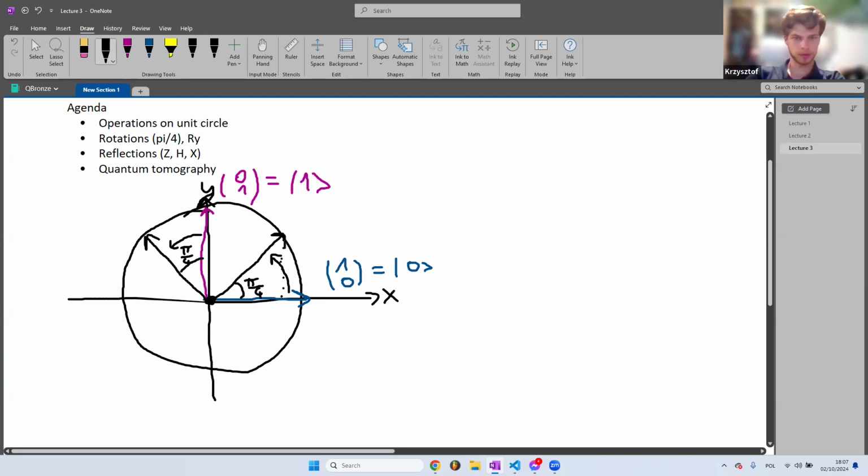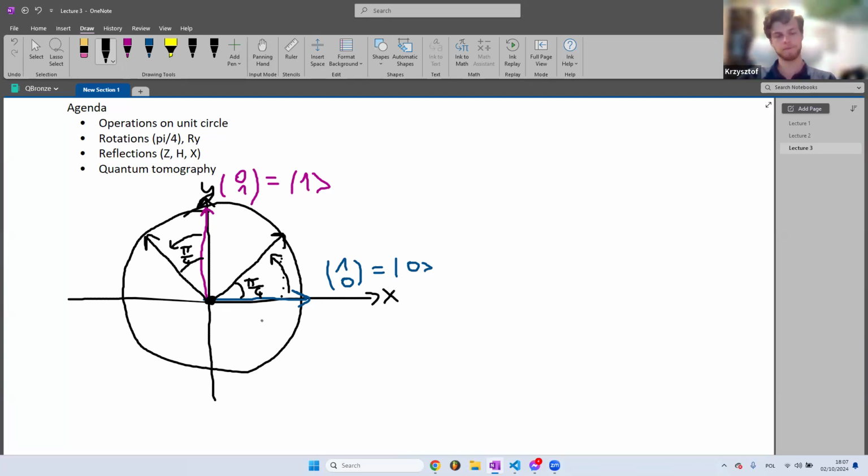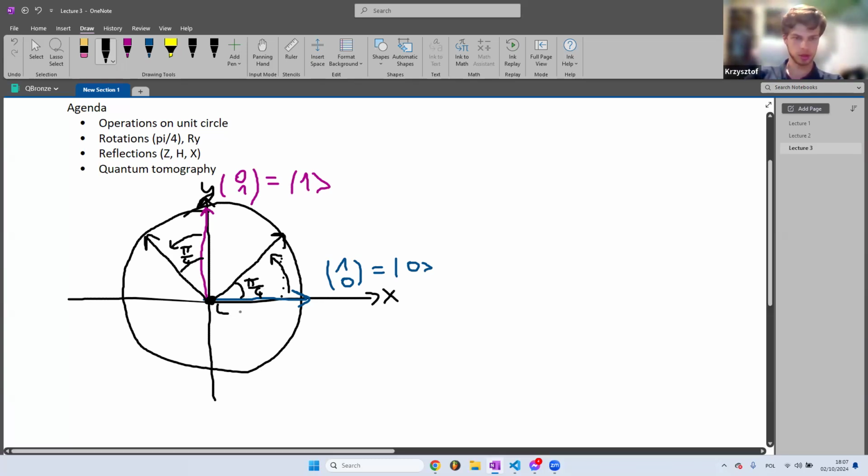Now, if you remember from yesterday or from an introduction of basic trigonometry, you should know that the value of this vector is cosine of pi over 4, and this value should be the sine of pi over 4.